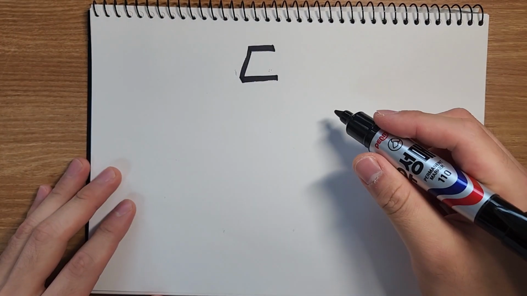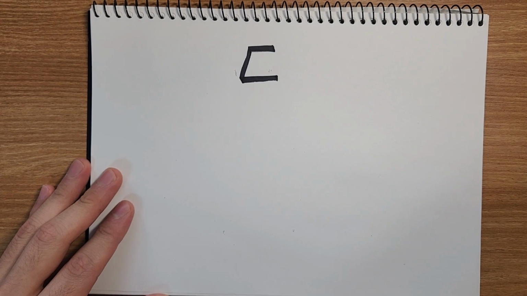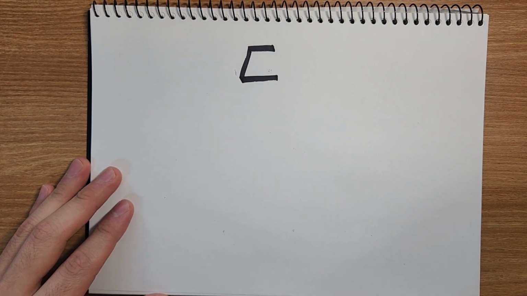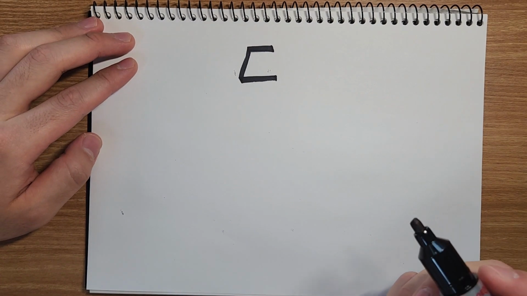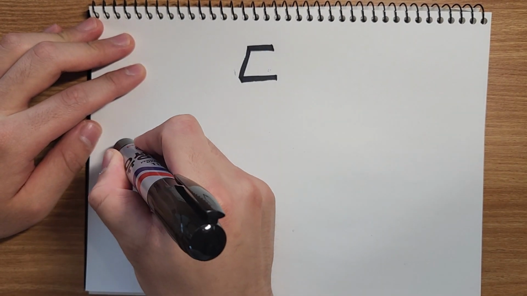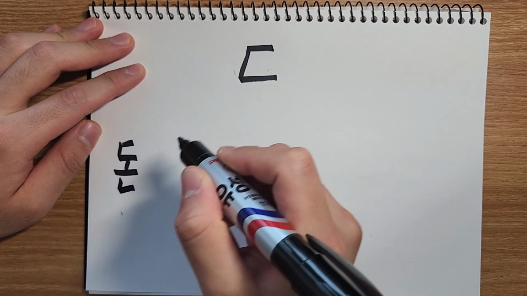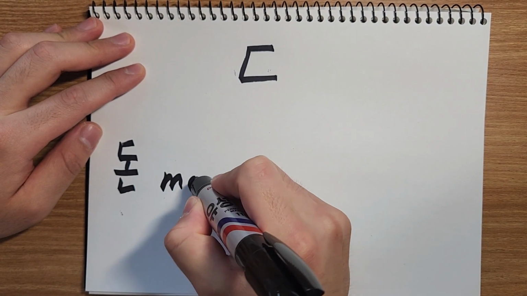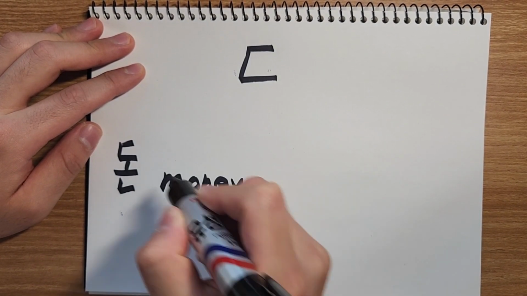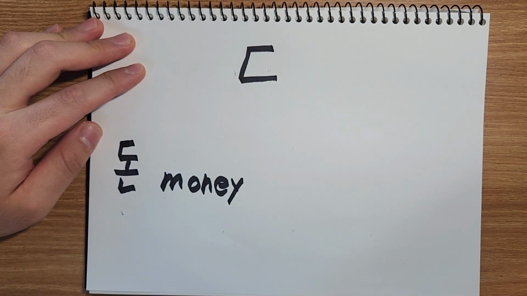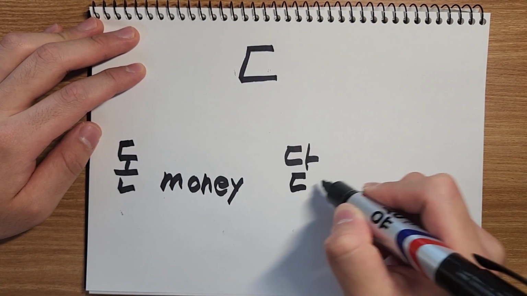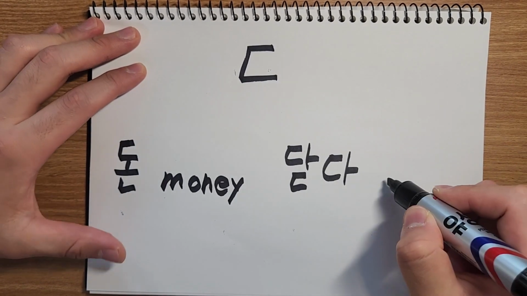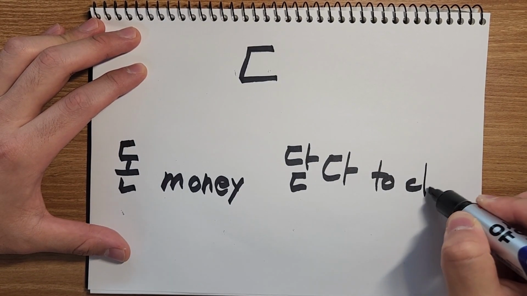It looks like this, and it has a similar sound to an English D. So the representative words for 디귿 are 돈, which means money, and 닫다, which means to close.